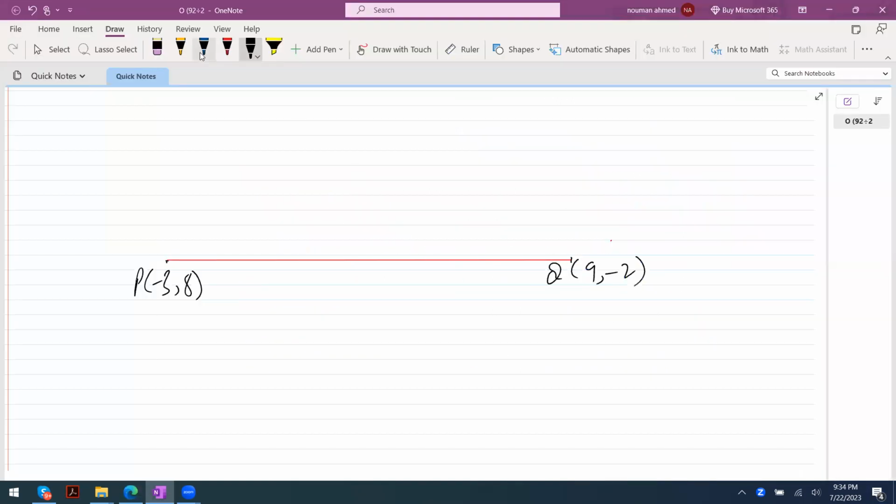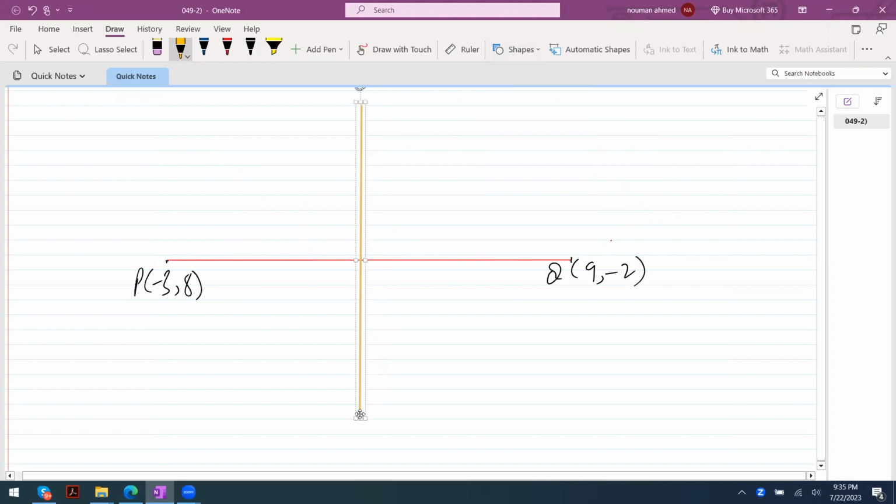So perpendicular bisecting means the line which will divide this other line into half and be perpendicular. The angle will be perpendicular. So approximately, let's say this is the midpoint. So this line will be the perpendicular bisector. And what will be this point? This is, again, the middle point of P and Q.